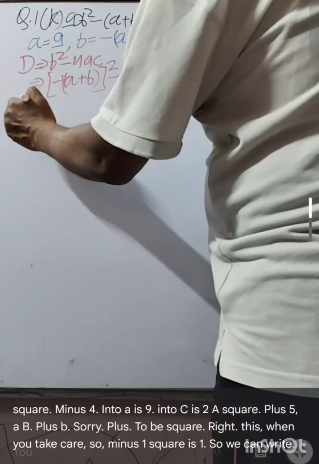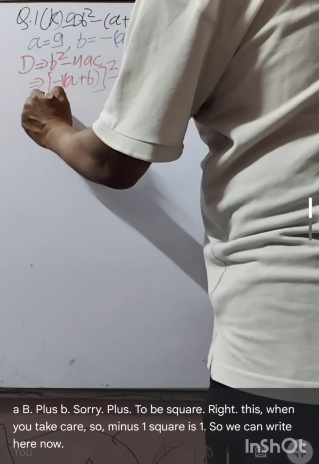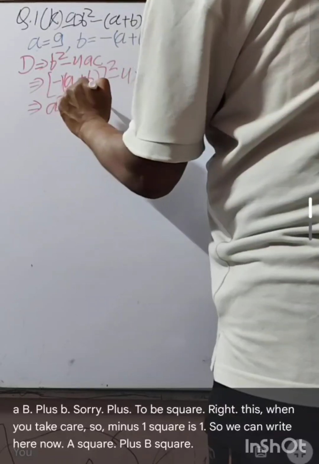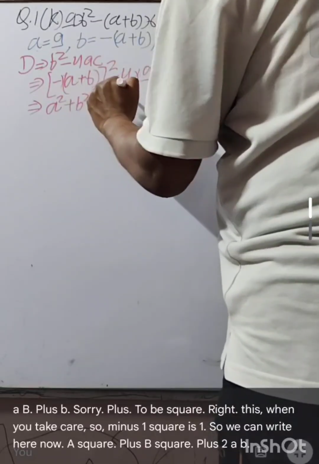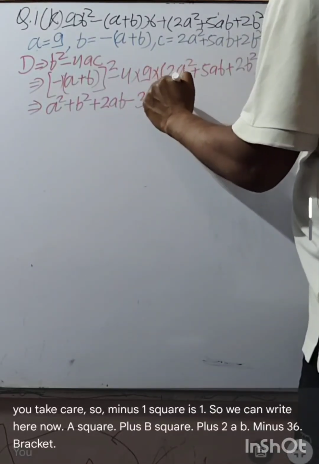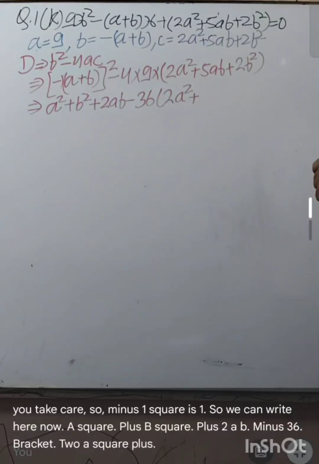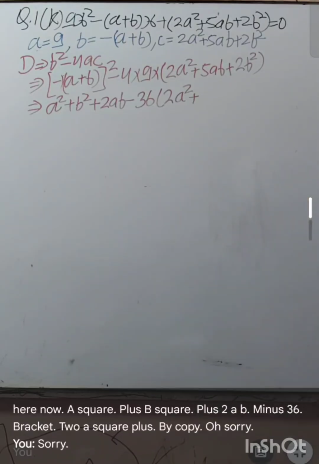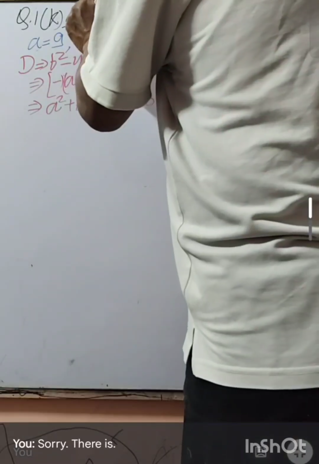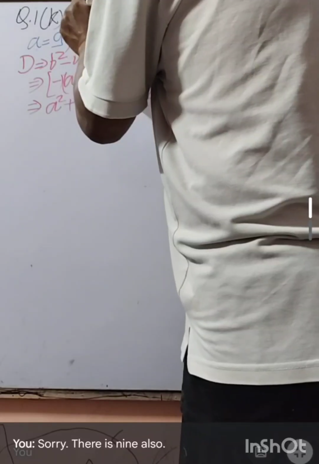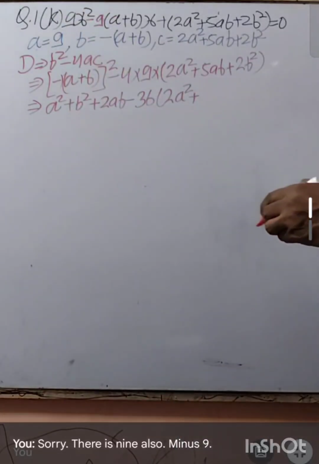So we can write here now a square plus b square plus 2ab minus 36 bracket 2a square plus, oh, sorry, there is 9 also. Minus 9, right?